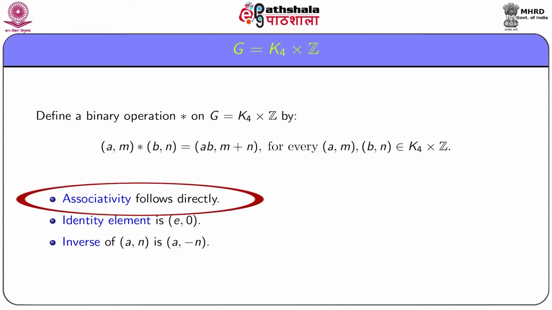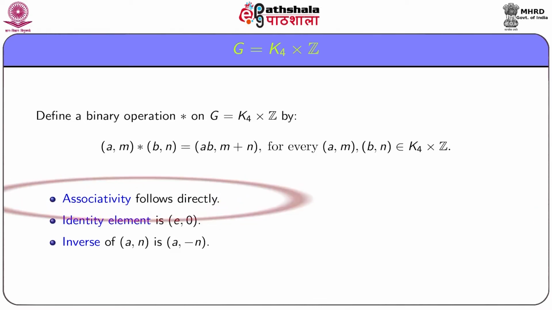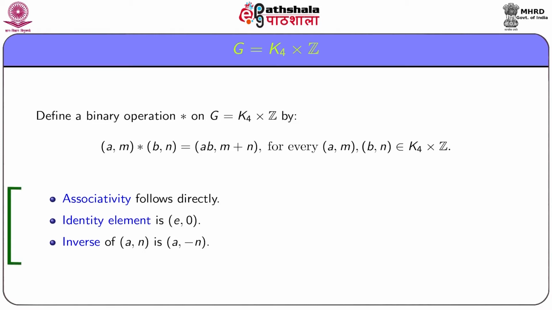Associativity follows directly from that of K4 and Z, and you can check that the identity element will be (e, 0), where e is the identity element of K4, and note that 0 is the identity element of Z plus. The inverse of (a, n) will be (inverse of a, inverse of n).